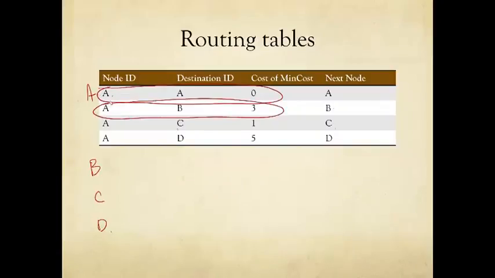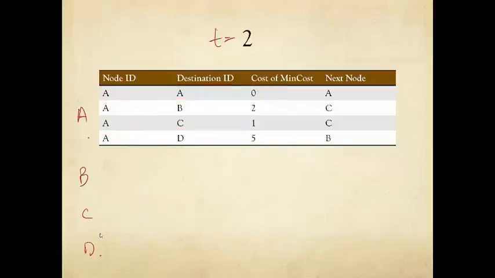All right, if you want to get to B, you can go through me, and the cost is 3. If you want to go to C, you can go through me, the cost is 1. You want to go to D, then you can go through me, the cost is 5. So A will send these 3 tuples in each message, 4 messages altogether sent to all its neighbors, which turn out to be B, C, and D. Similarly, B, C, and D send messages like this to their neighbors.